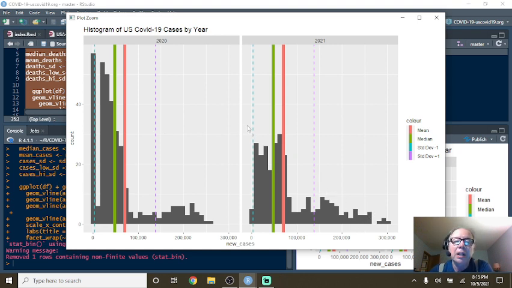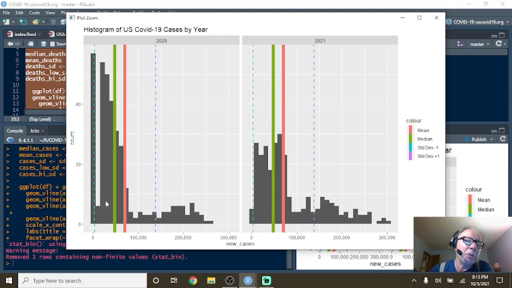Again, the dash lines are the plus or minus 1 standard deviation. And supposedly, in theory, 70% of the numbers should fall within plus or minus 1 standard deviation. Is that actually true? I don't know. But anyway, this line here is a count.